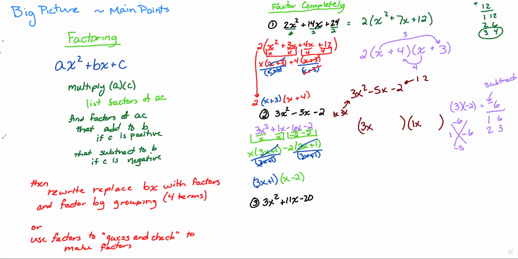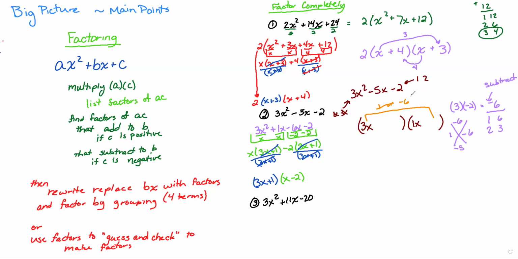Now, I know when I'm doing this, I'm going to pick a lighter color just so that we can see what is going on. I know 3 times something has to either equal, because remember I'm using the 1 and the 6, it either has to equal 1 or -6. Now 3, there's no way unless I'm using a fraction to get to 1. So this has to equal -6.